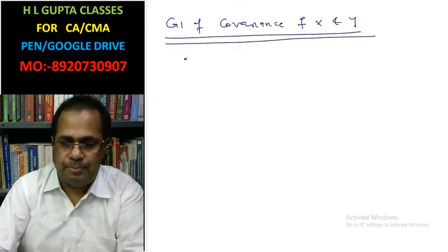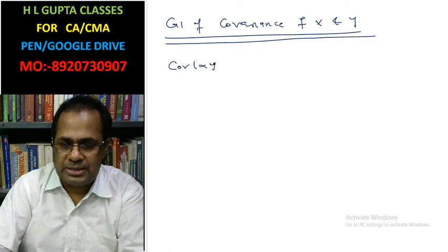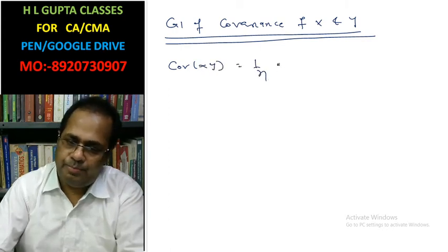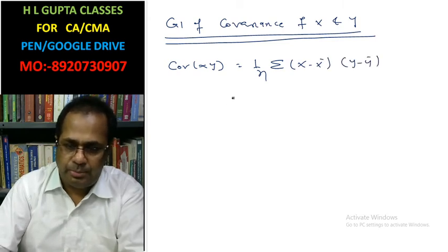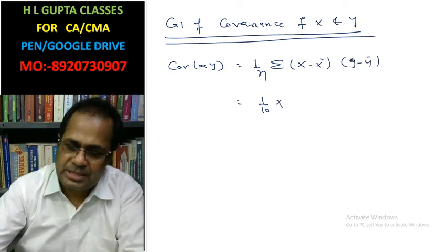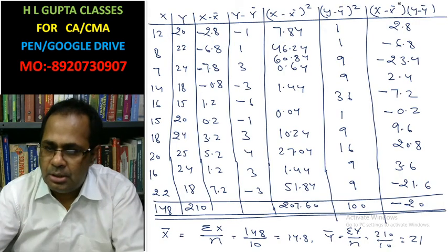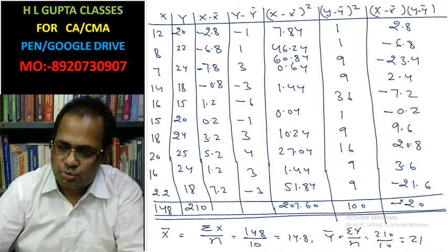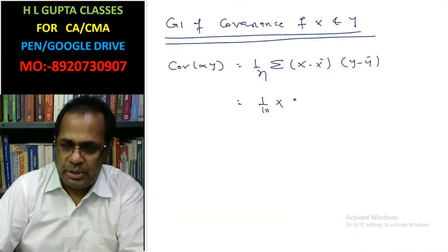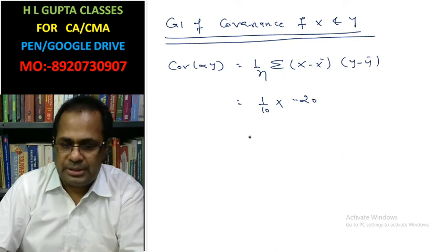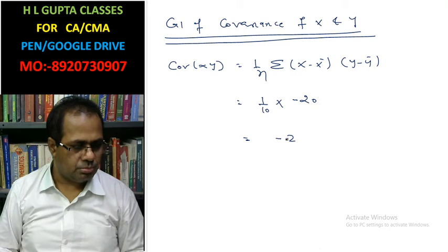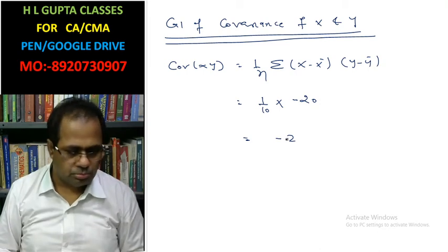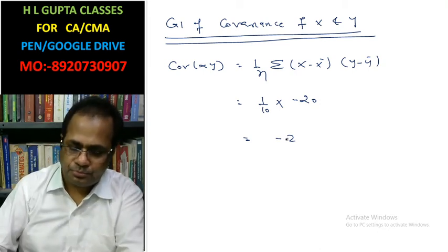Covariance xy equals 1 by n summation (x minus x bar)(y minus y bar), that is 1 upon 10 into the sum, which is minus 20. So minus 20 divided by 10 is minus 2.